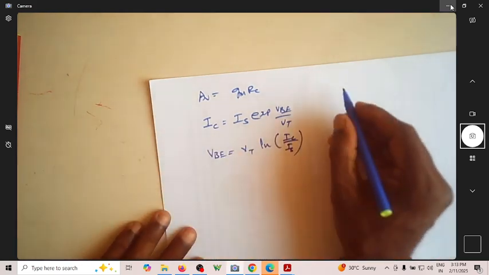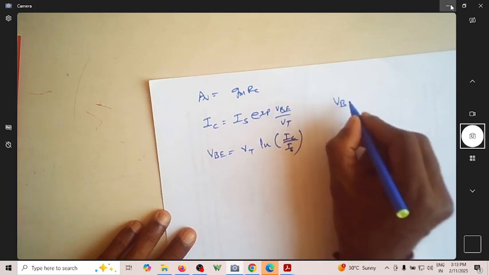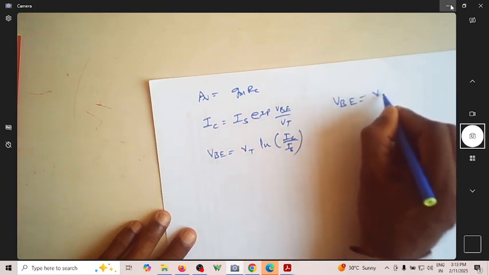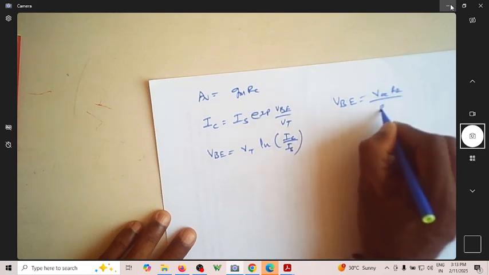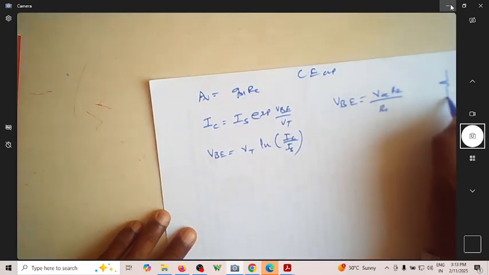And for the given circuit, of course after writing the circuit diagram, write VB is equal to VCC R2 by R1 plus R2. This is for the CE amplifier.